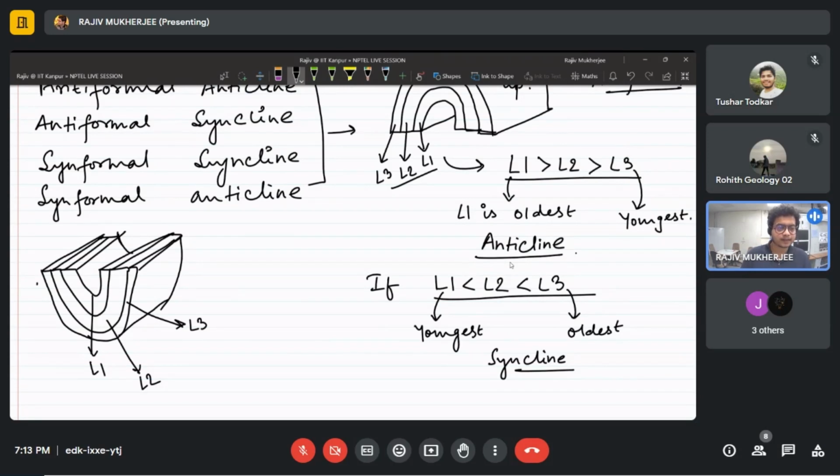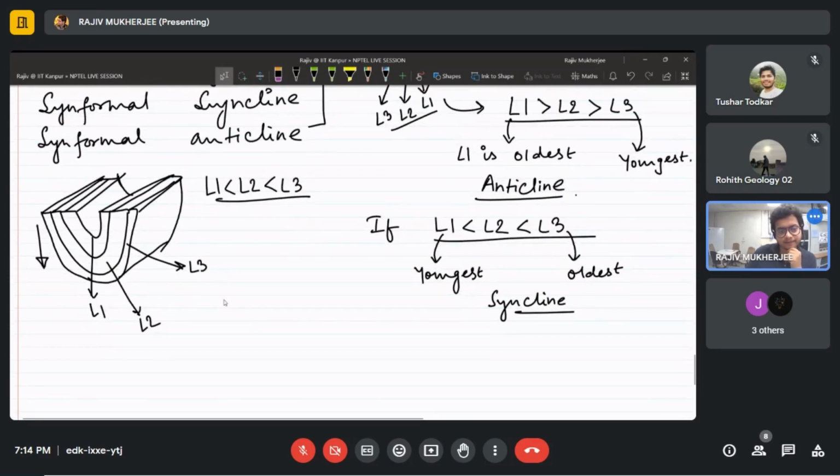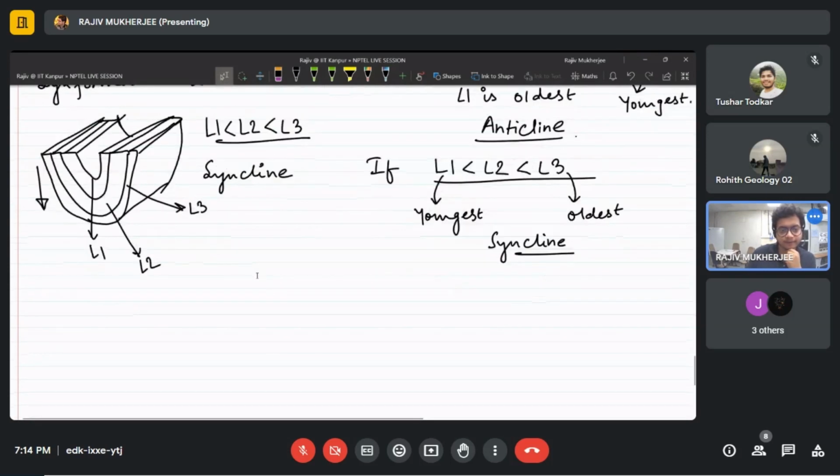So this entire structure is convex down. So for synformal syncline, L1 is less than L2, which is less than L3, right? This is syncline, and if L1 is greater than L2 is greater than L3, then it is anticline.